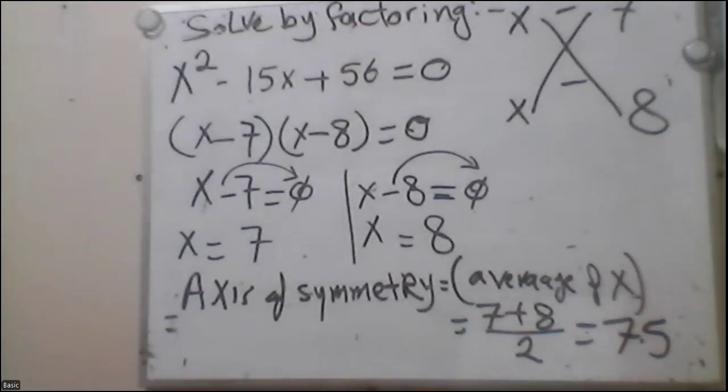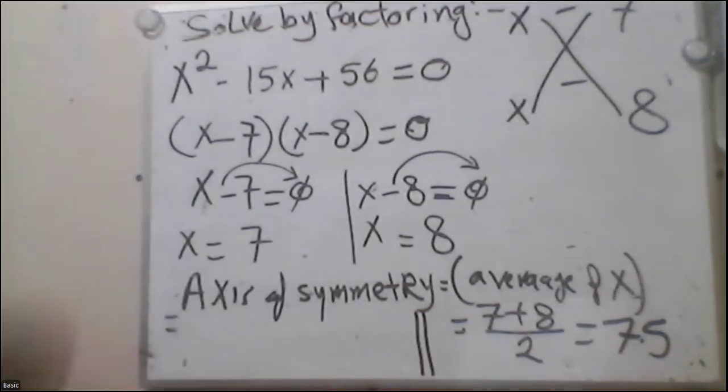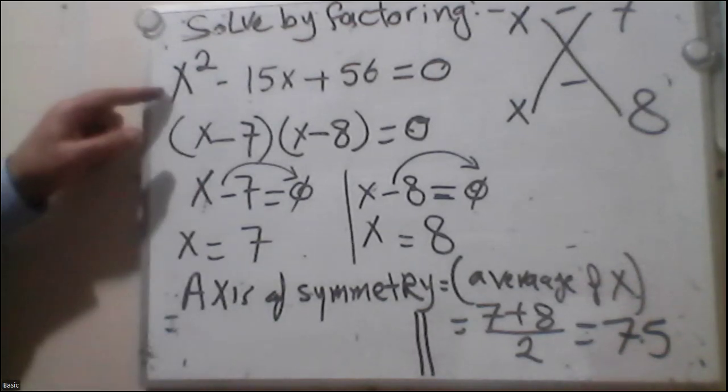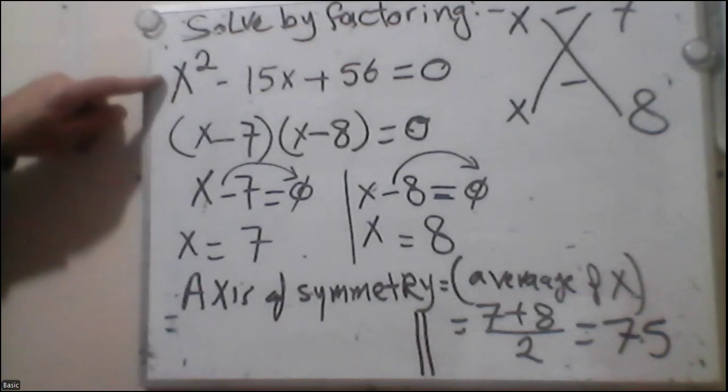And by the way, we can also get other things, which we had before as an example. Is it the turning point, or what will it be? It will be minimum, because a, the coefficient of x squared, is greater than 0.